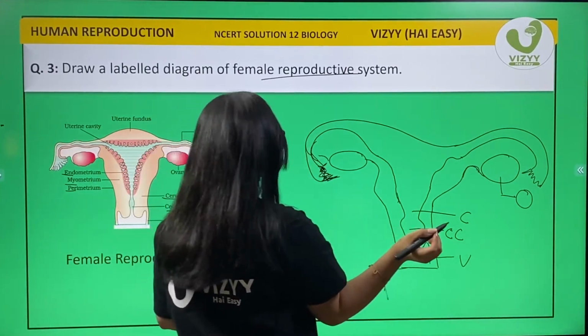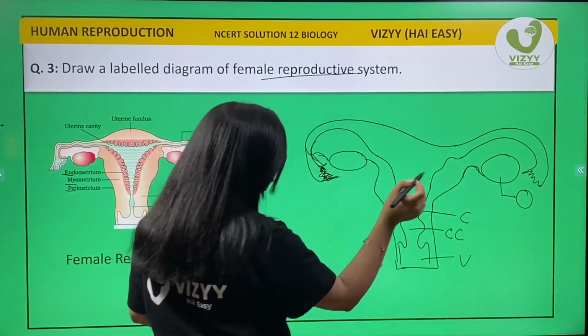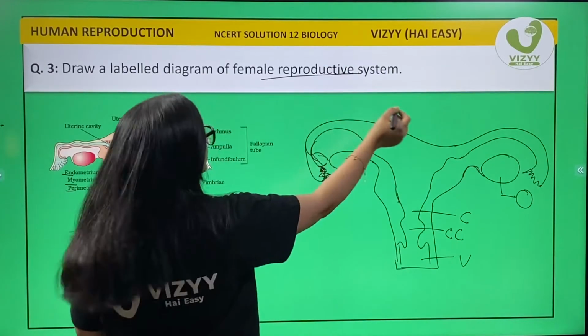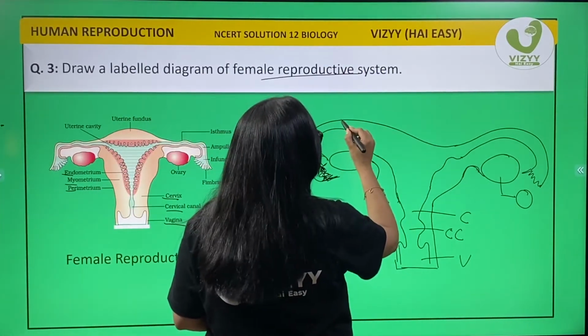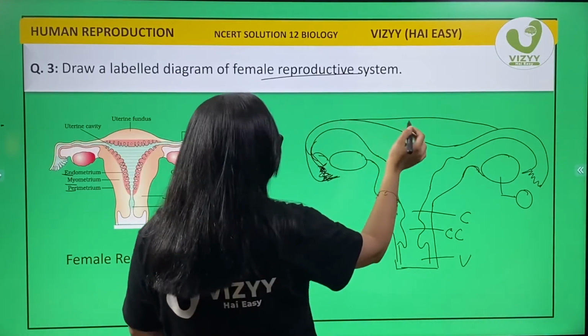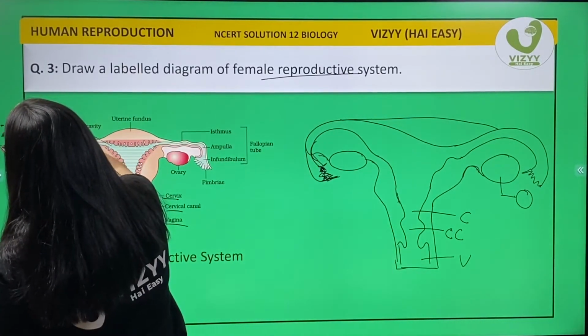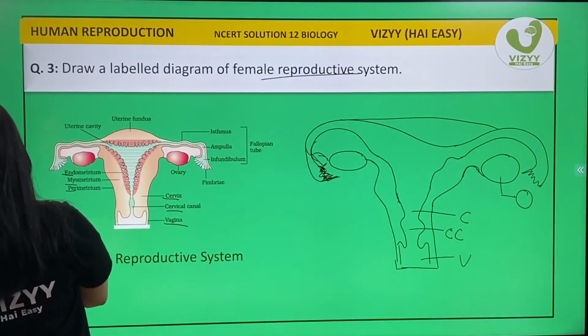Okay, so this is done. Okay, this is your uterine fundus here. Okay, my bad, this is a really very bad drawing. Right, students?